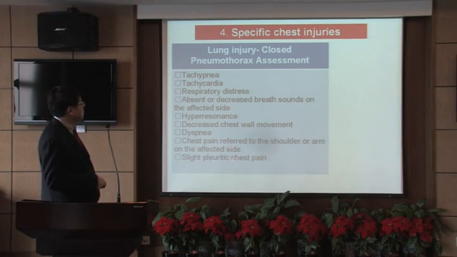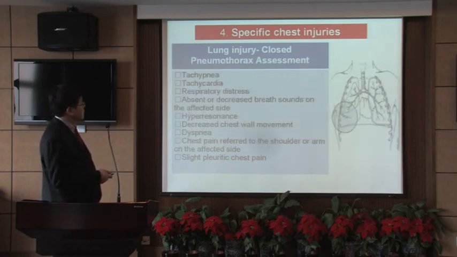Others are slight pleuritic chest pain. From this picture we know that this is a rib fracture. So the broken rib enters the lung, so the gas will enter into the thoracic cavity, leading to pneumothorax.